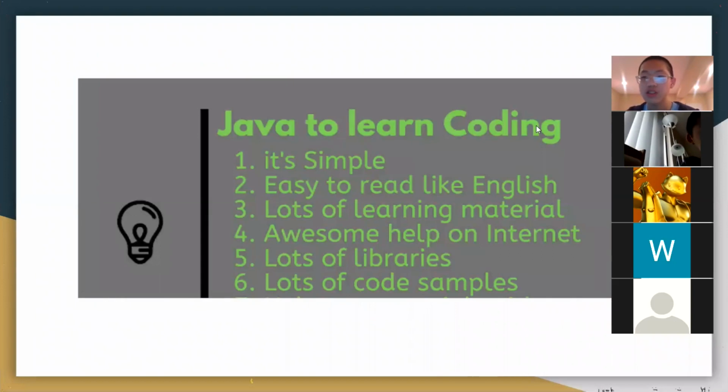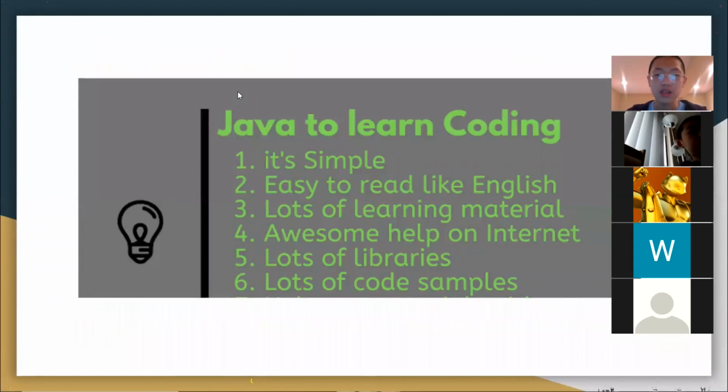Okay, so here's just reiterating the points we went over. Java is a good starting programming language to start learning coding because it's simple, it's easy to read, and there's a lot of learning material to cover. There are basic algorithms you can do in Java, but there's also another broad subject of object-oriented programming, which is a broader field that Java introduces.